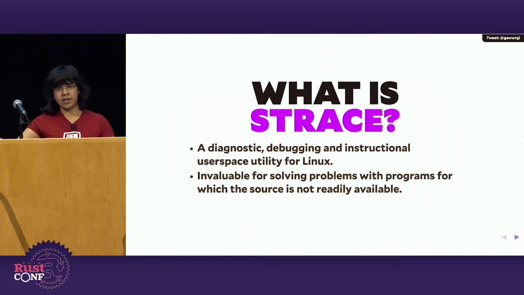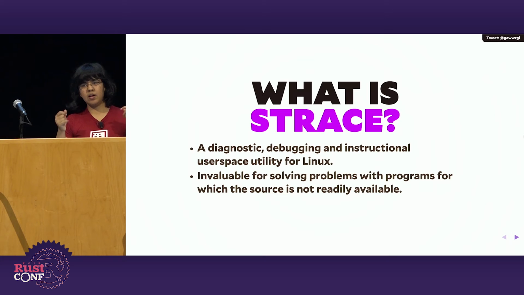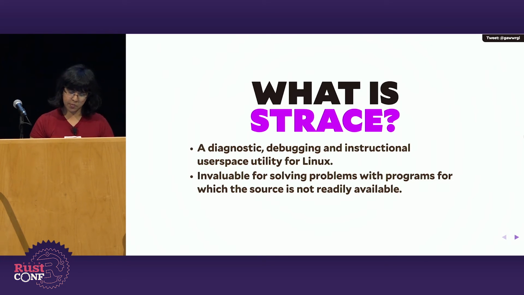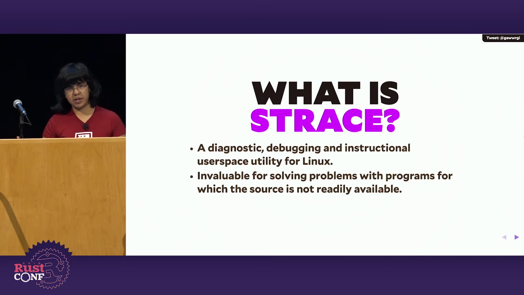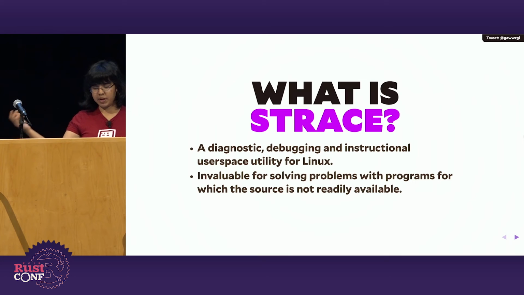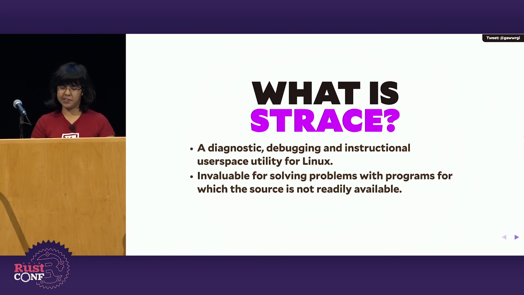You can't just attach GDB and say, oh, please stop at line 12, because you don't know what's at line 12. So if you have a closed source program which is not working like you wished, and you see the STrace for it, and it's opening X instead of opening Y, STrace will tell you that.